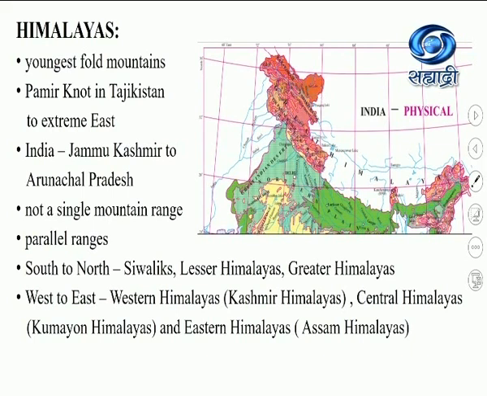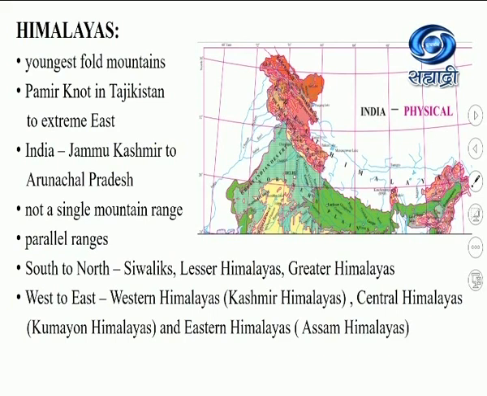From south to north, the Himalayan ranges are the Shivalik ranges, the lesser Himalayan ranges, the greater Himalayan ranges, and the trans-Himalayan ranges.